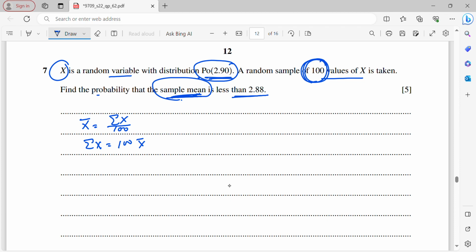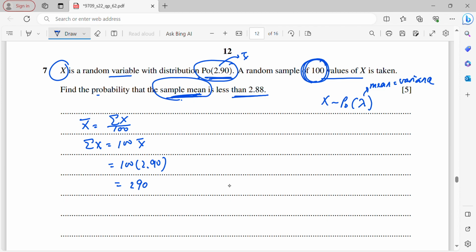Remember, X is Poisson distributed with lambda. This lambda is the mean and also the variance. So now I will say that this is my mean. Here it is going to be 100 times 2.90, then it will be 290.